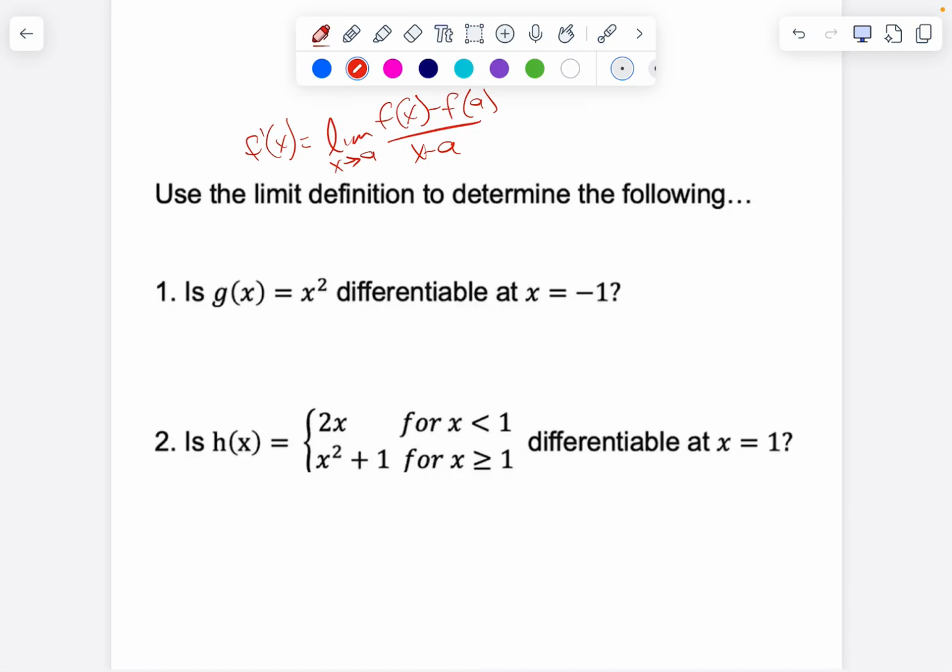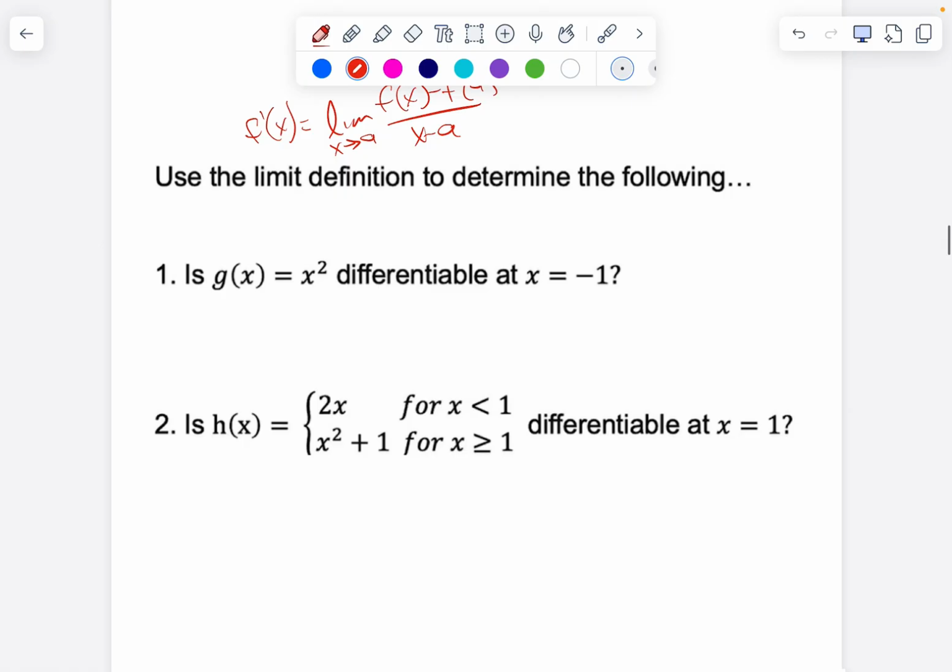Do we know it's differentiable at x equals negative 1? We already said this today that it is, right? Why? Because it's a nice smooth parabola. It's not going to have any jumps, any cusps, any vertical tangents or anything like that, okay? So let's use this to prove that it is. If you want to write this down, let's use this kind of as an example.